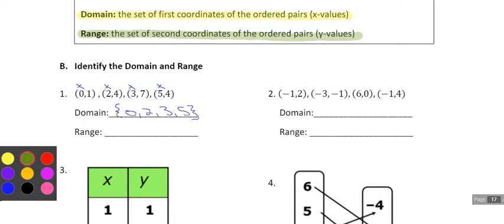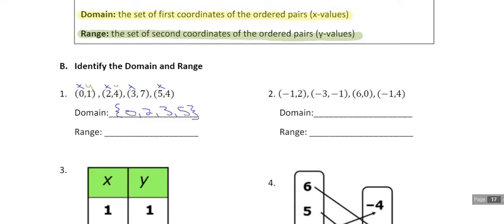Whereas the range is the y values, which are 1, 4, 7, and 4 is repeated. So we just leave it, we don't duplicate anything. Oops, that was not a good bracket. So our range is composed of 1, 4, and 7.